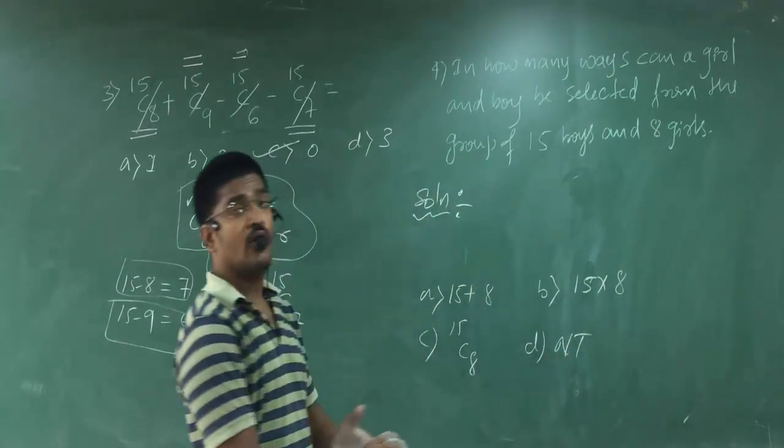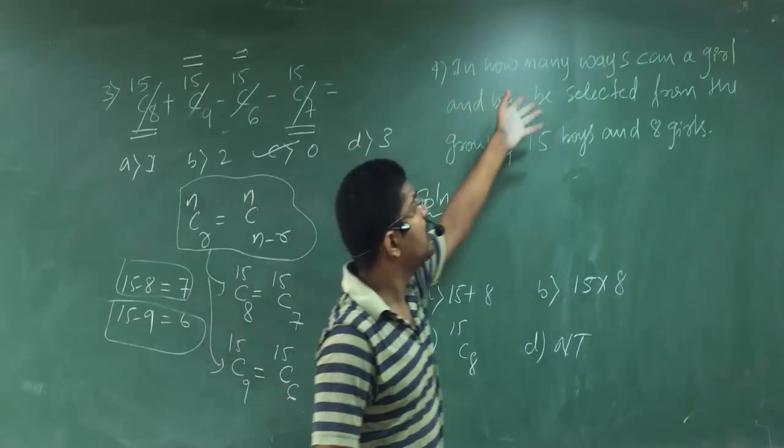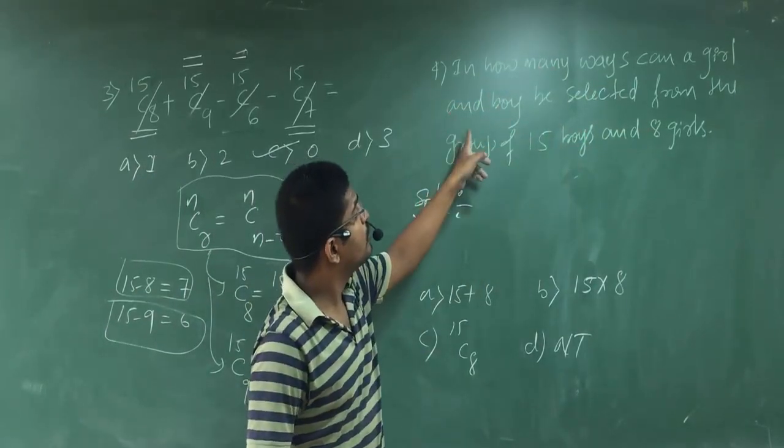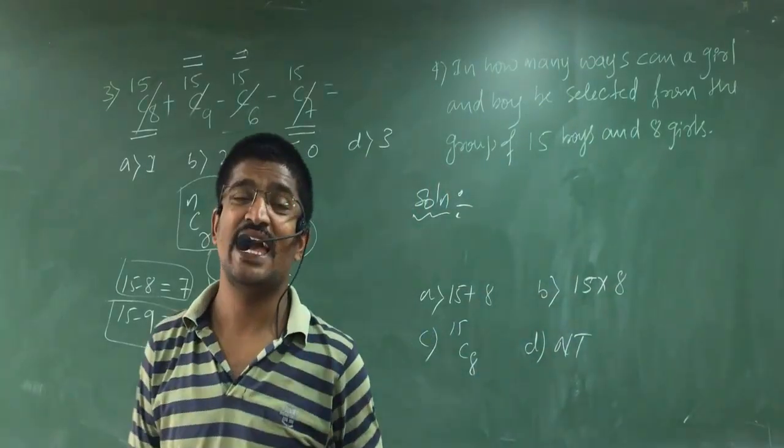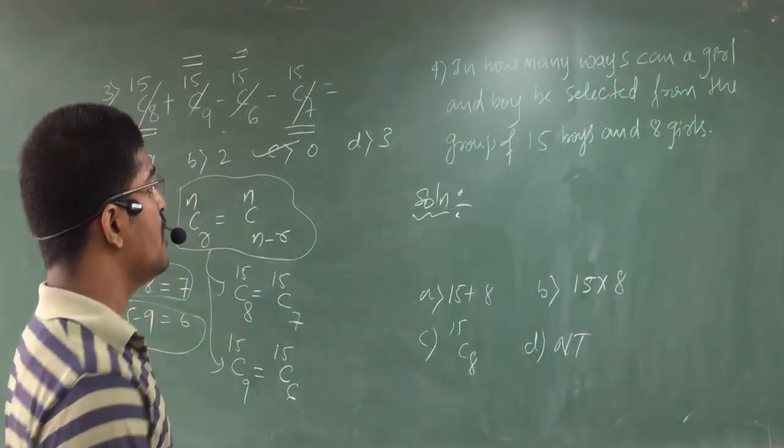Clear? Okay. So in how many ways can a girl and a boy be selected from the group of 15 boys and 8 girls? They are asking.